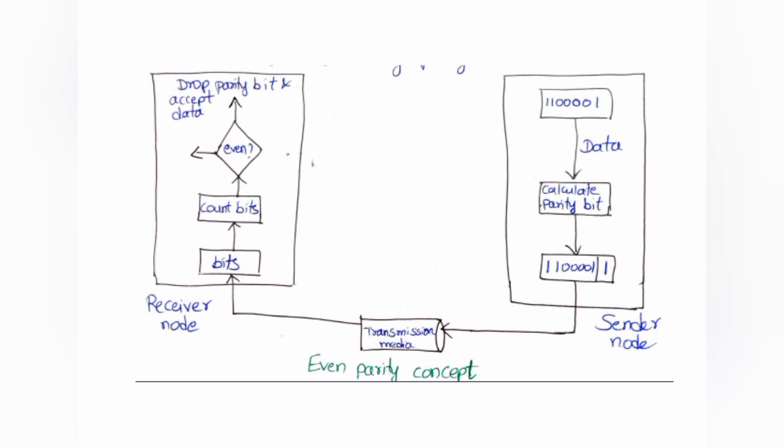If the given message is in even format, then drop the parity bit and accept the data. If it is not even, then there is an error in the given message. So this is the simple parity check or VRC.